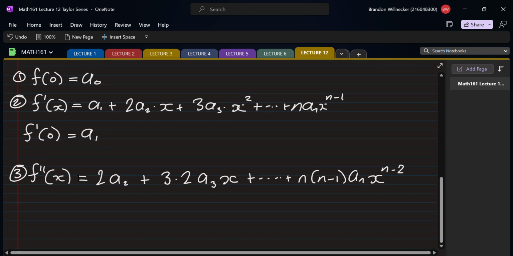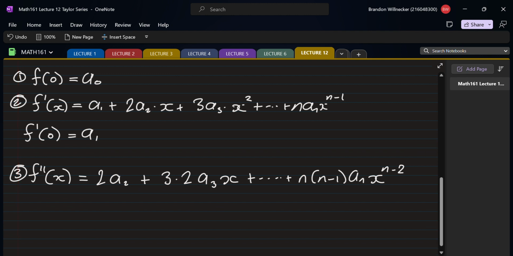Now if we substitute x is equal to 0, everything from a3 onwards will be 0, and we're left with 2a2. So here f double prime at 0 over 2 is equal to a2.